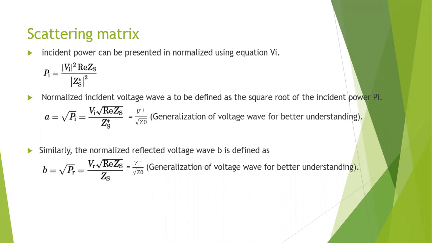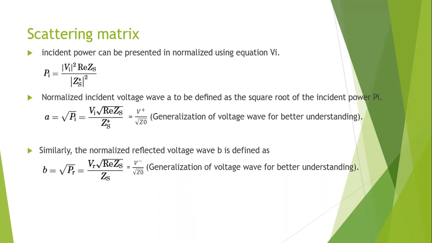Scattering matrix. The incident power can be presented in normalized form using the incident voltage equation. If you normalize it with the Vi equation, then Pi is equal to Vi squared multiplied by the real value of the source impedance divided by the modulus of the source impedance squared. Now let us assume A is equal to the square root of the incident power and B is equal to the square root of the reflected power.